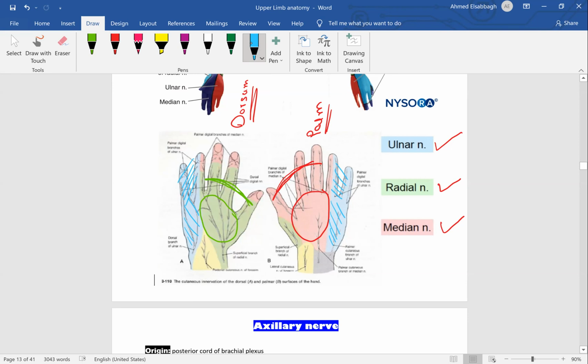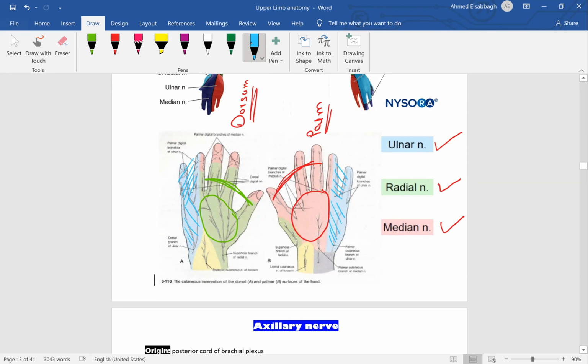Radial nerve supplies the lateral 3.5 fingers on the dorsum of the hand except the tips of the fingers, which are supplied by the median nerve. And this is a site of question.